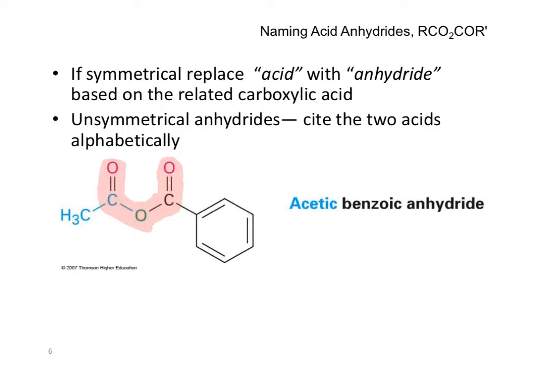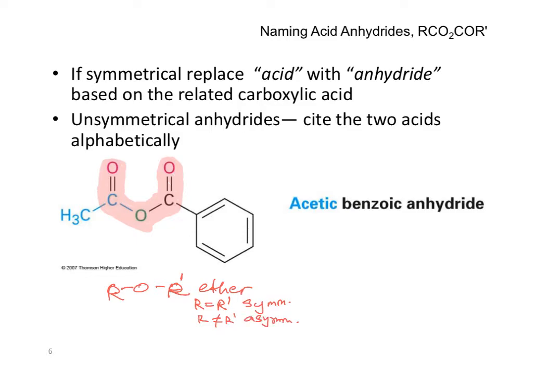Just like ethers, anhydrides can be symmetric or asymmetric. So we said ethers were COC, and then depending on whether these groups were exactly the same or different, we called it a symmetrical ether or an asymmetrical ether, right?